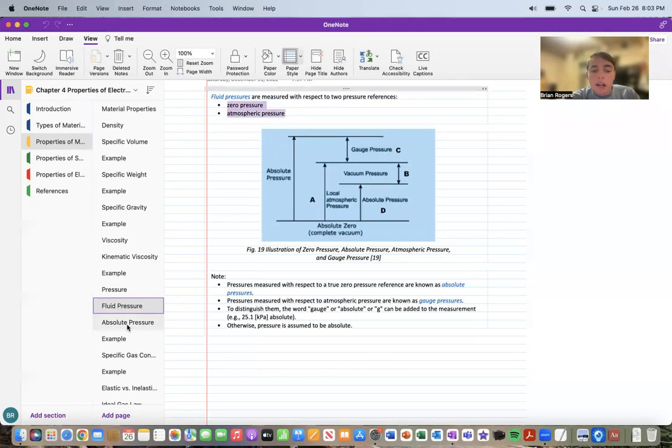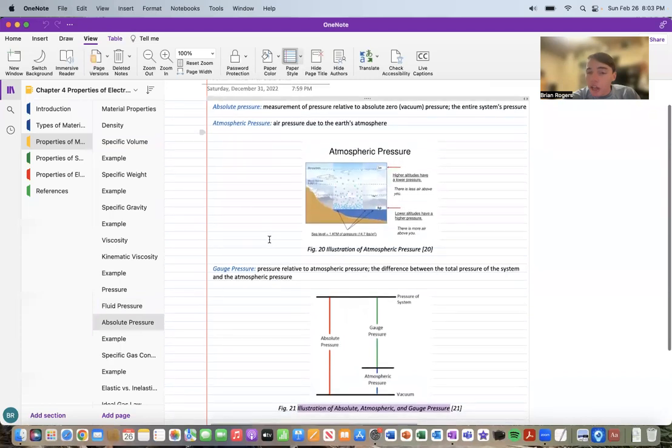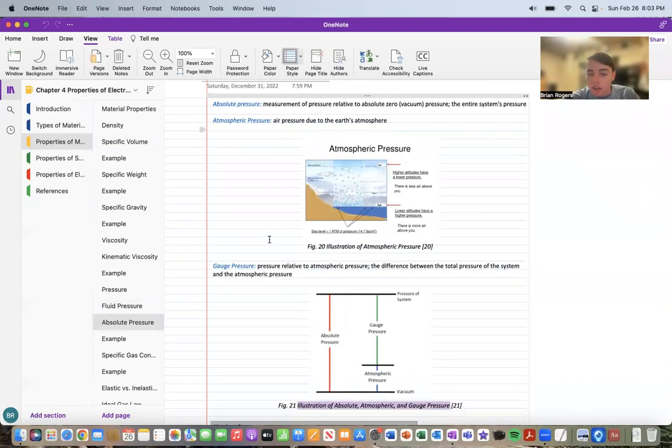Now that we talked about that, let's look at a visual to have a better understanding. What we're going to see here is that absolute pressure is the measurement of pressure relative to absolute zero pressure. So it's the entire system's pressure.